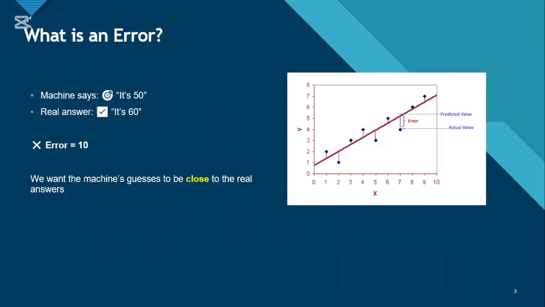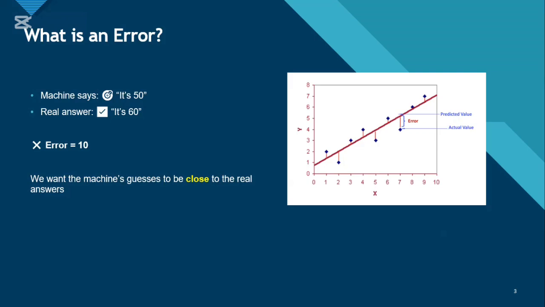So first of all, let's discuss what an error is. When the machine says the value is 50, but the real value is 60, there is a difference. This difference between the actual value and the value predicted by the predicted line that we have is called error.